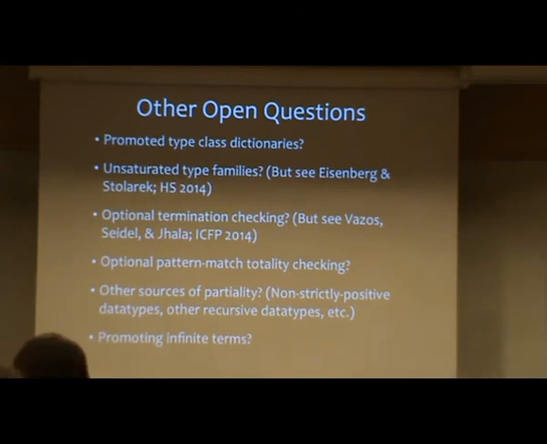Do they become infinite types? The good news about all of these questions is we can just duck on all of them for now, right? If none of these features happen, dependent types will still be usable, at least at first. And then as people start to use them more and more, they'll realize that these are real limitations, and we can try to solve them one by one. But we don't have to answer these today.